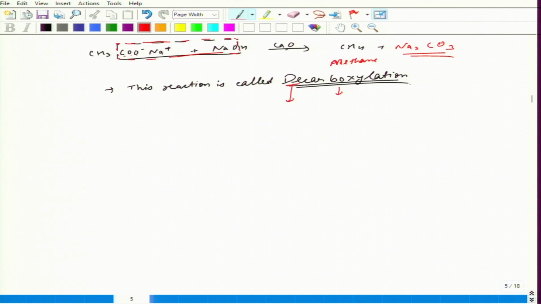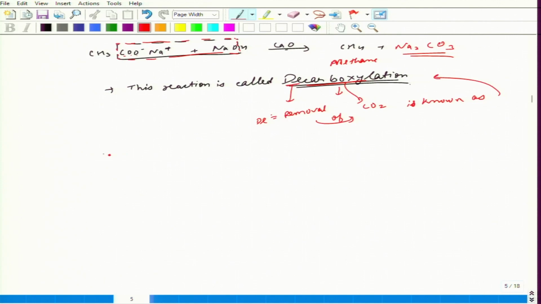For example, dehydrogenation means the removal of hydrogen. What can you understand by carboxy? Carboxy means CO2. So, removal of CO2 is known as decarboxylation. Okay, so this is an example of a decarboxylation reaction.